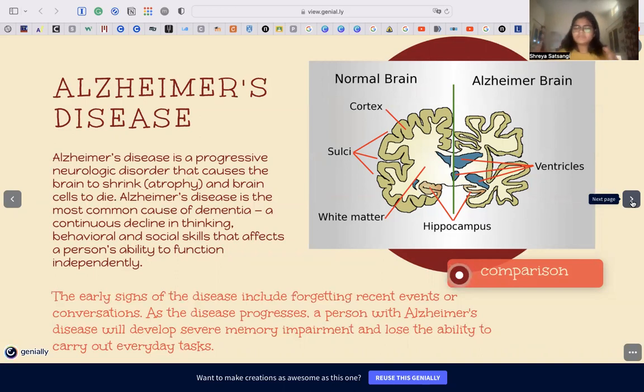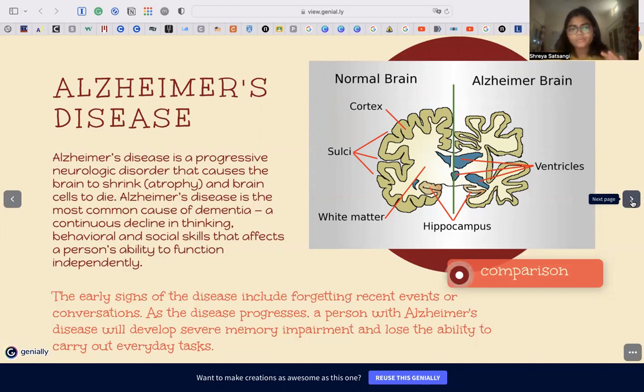Alzheimer's disease is now becoming common. Not in my household, but I know people related to me who have Alzheimer's disease. So it is not a rare disease.